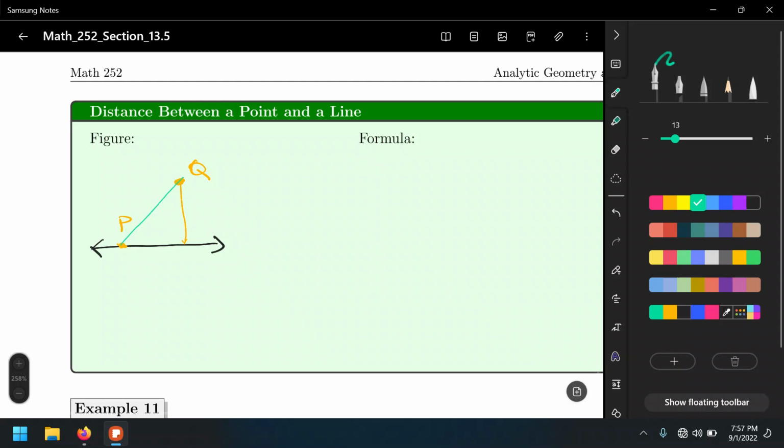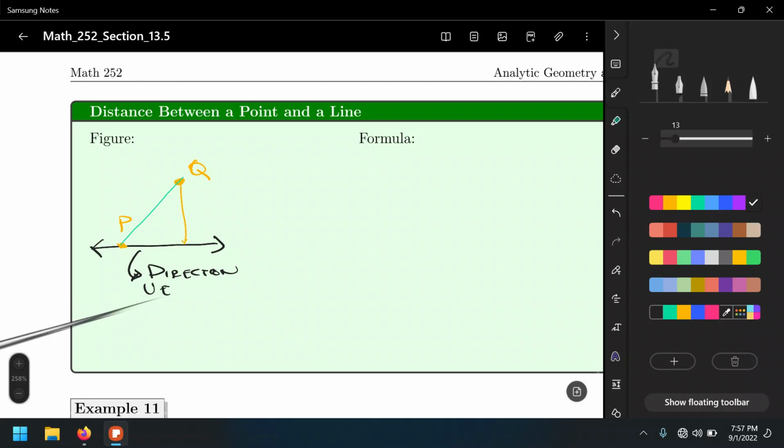Just recall that because this line is defined parametrically, that line is going in the direction of some vector. This one has a direction vector of, let's just call it V for now.